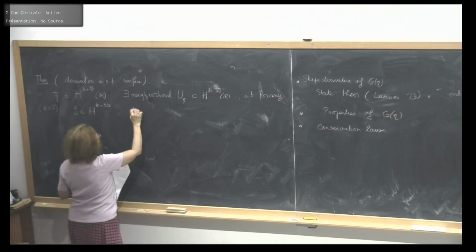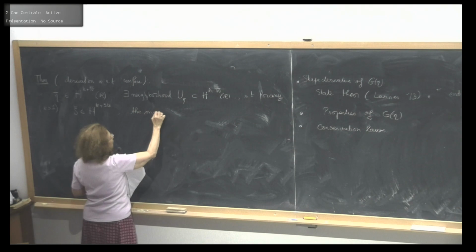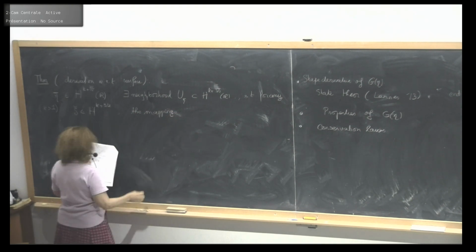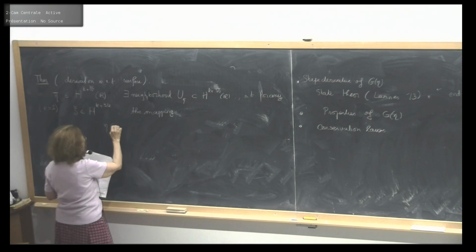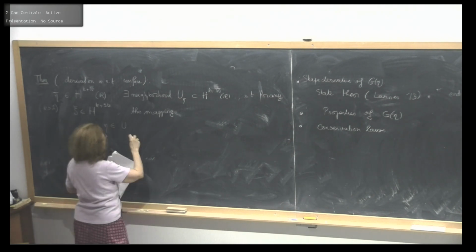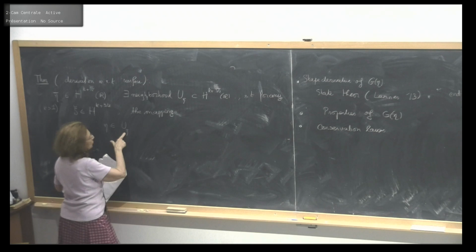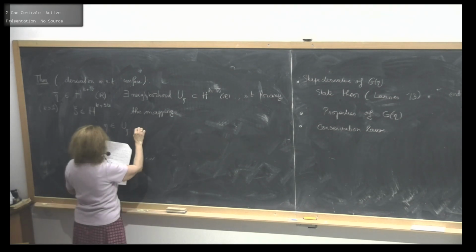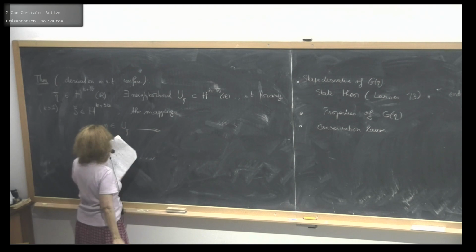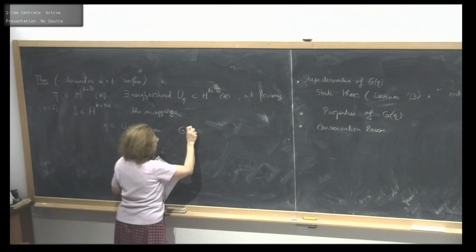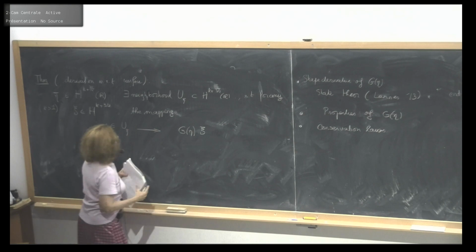And now we consider the mapping that, to eta in this neighborhood, close to eta bar, associates G of eta applied to xi.